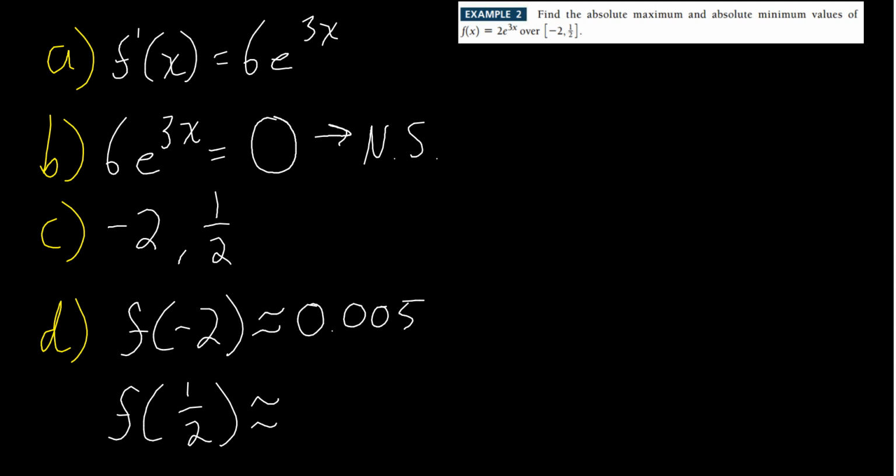I'm pretty sure that's what the book's wanting us to do. And then we're going to say 3 times 1/2, and we've got 8.963.